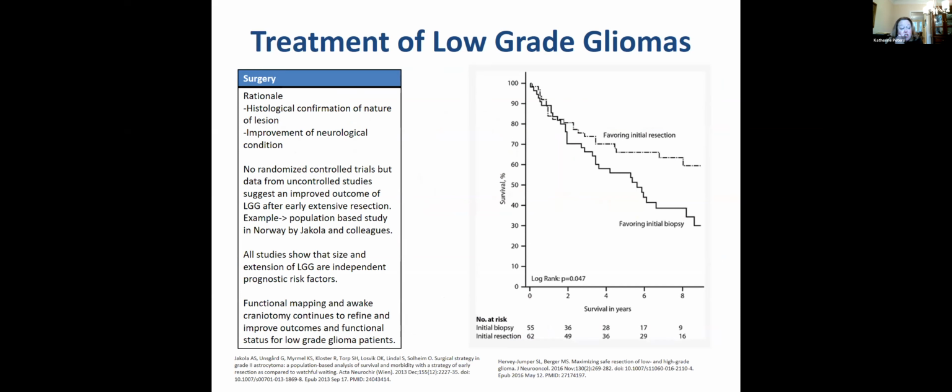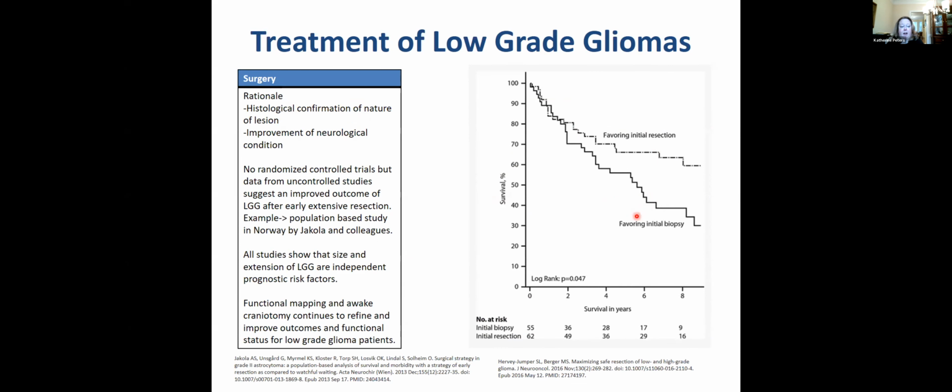So what is the rationale for treatment? So for surgery, there's never been a randomized controlled trial, and I don't think there ever really will be, but probably the best study is by a group in Norway, which showed if you had an early resection, you tended to do better than if you just had an initial biopsy. And we do know that in myriads of studies that the size and extent of the tumor are independent prognostic factors for low-grade gliomas.